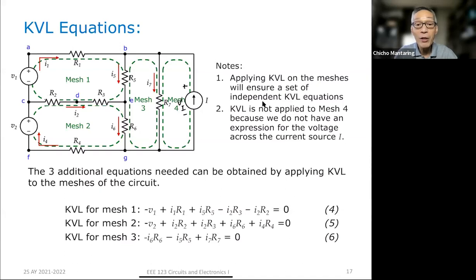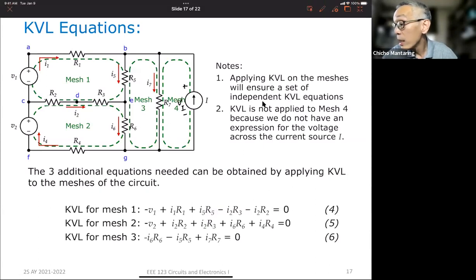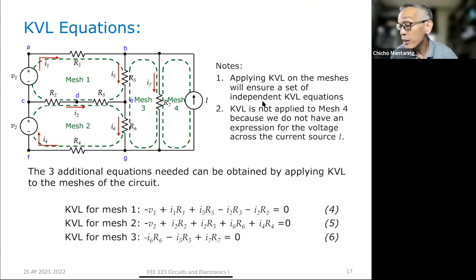Okay? So that's why I don't apply KVL to mesh 4, because we do not have an expression for the voltage across the current source VI. No? For me to apply KVL here, dapat alam ko kung ano yung voltahe rito. Okay? So those are the KVL equations that I will apply. No? So that now totals 6 equations.